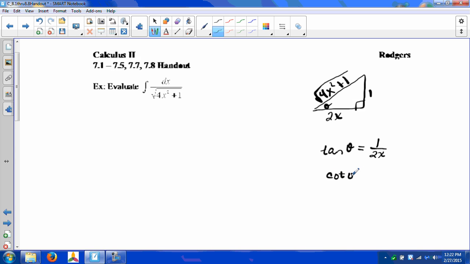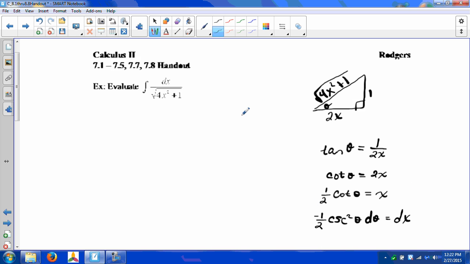The cotangent of theta is 2x, so half cotangent theta is x, not that I need that, I just need the dx. And the derivative of cotangent is negative cosecant squared theta d theta equals dx.